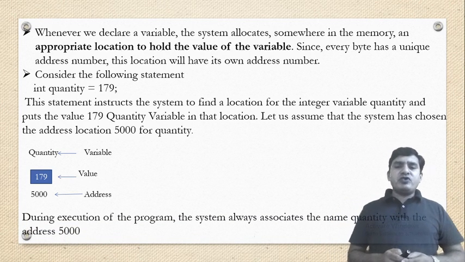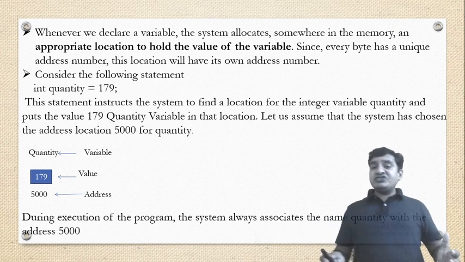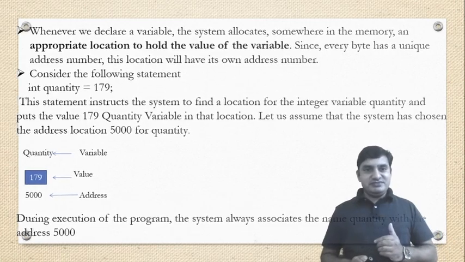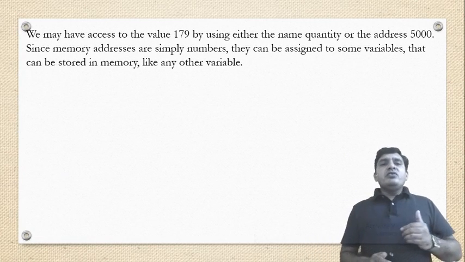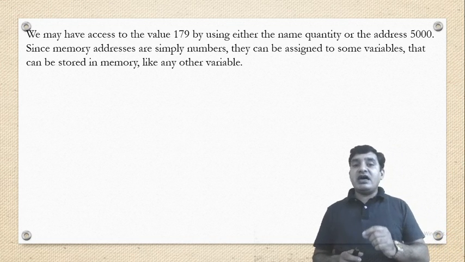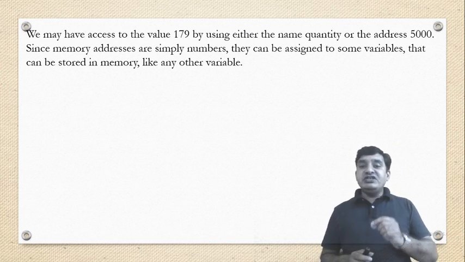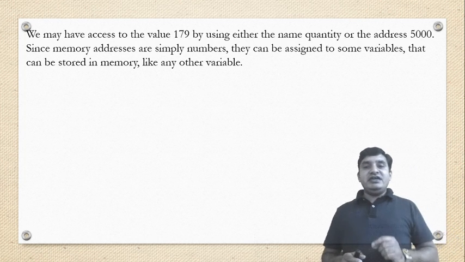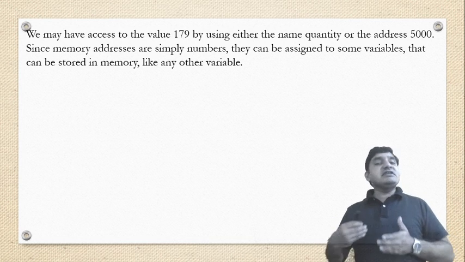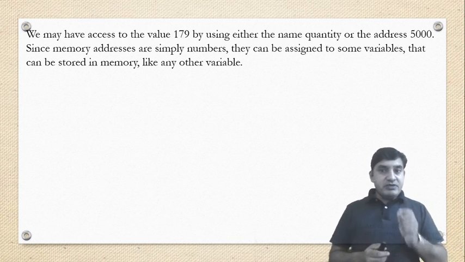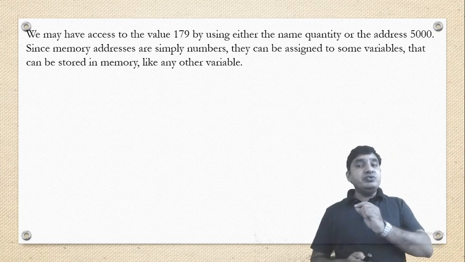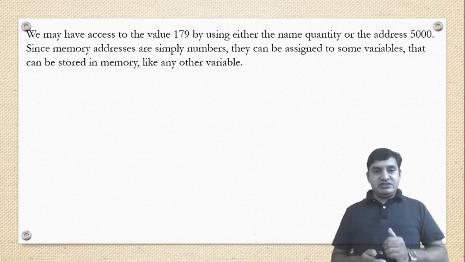During the execution of a program, the system always associates the name quantity with the address 5000. We can access the value 179 by using the name, that is quantity, or by using the address, that is 5000.